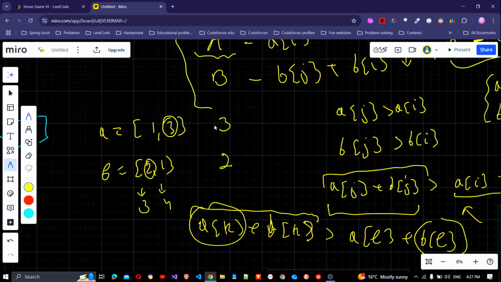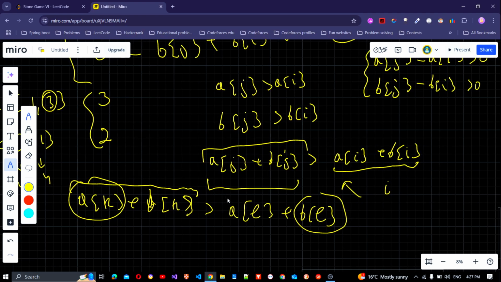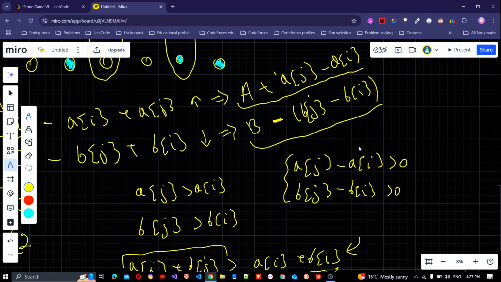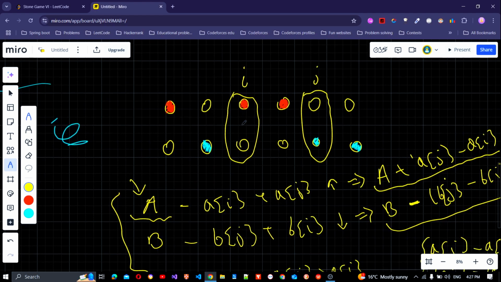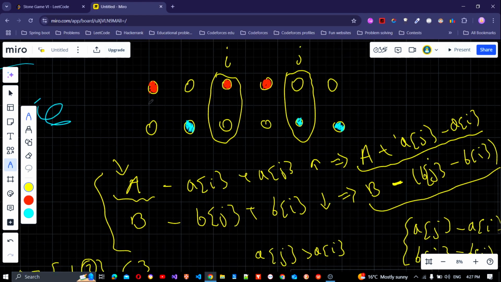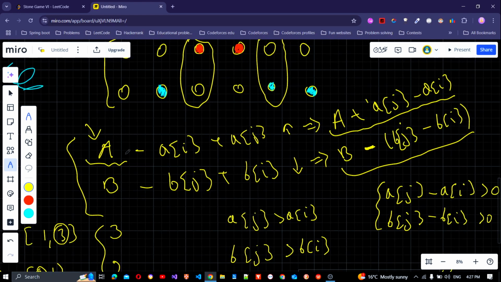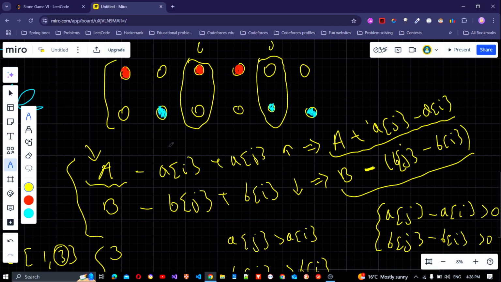Now that we have the scores, we can compare them. The idea was to get this insight by assuming that we have some configuration where Alice chooses some stones and Bob chooses other stones, and we let A and B be the scores of Alice and Bob respectively for this configuration.